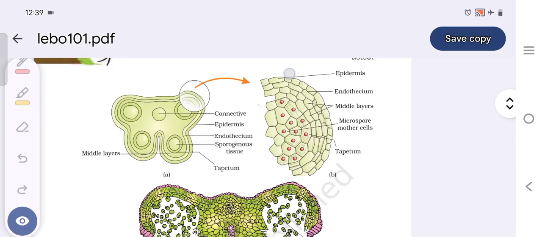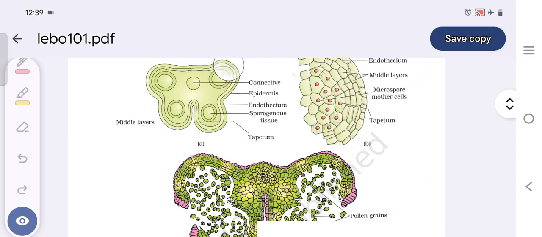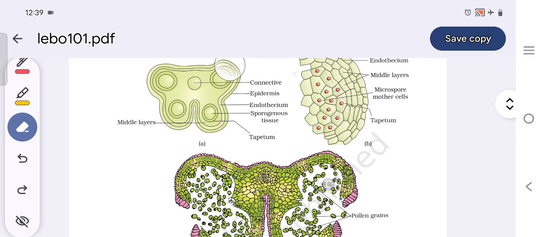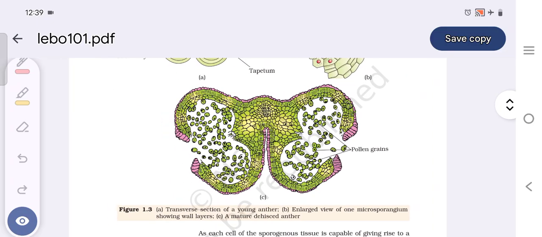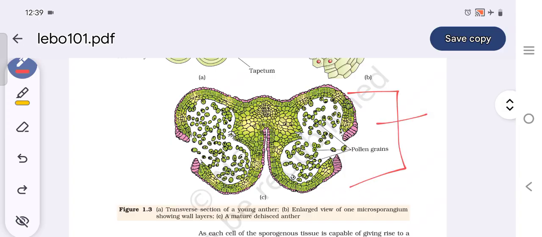Let's move to the next part. We have already described the diagram here. Let's go ahead with the matured anther. Very important diagram. So these are the microsporangia. This is 1, 2, 3, and 4.